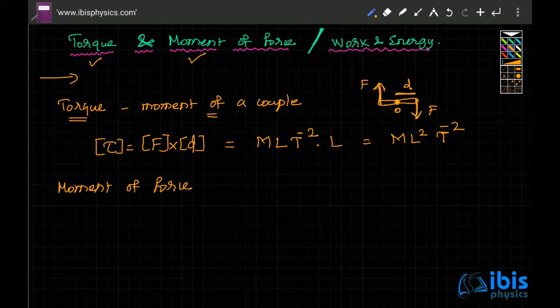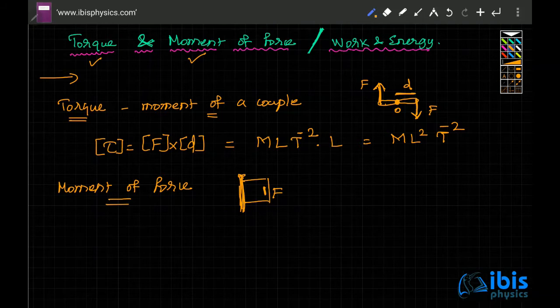When it comes to torque, or a pair of forces, which we call a couple of forces, the net force is 0. But just imagine there is a door, this is the hinge, and the door is over here. When you try to open the door, the handle is at the furthest point from the axis of rotation. Here the force is applied.